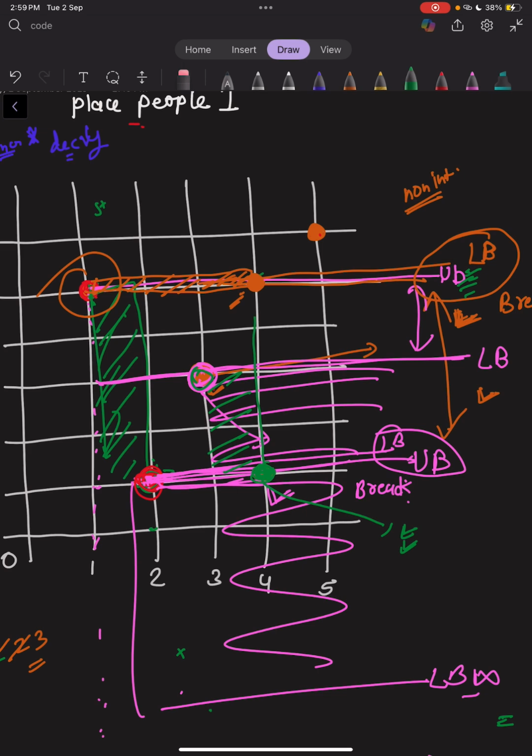But when we will go to this point, this is not coming under our boundary, so this won't be considered as a rectangle, this also won't be considered as a rectangle.